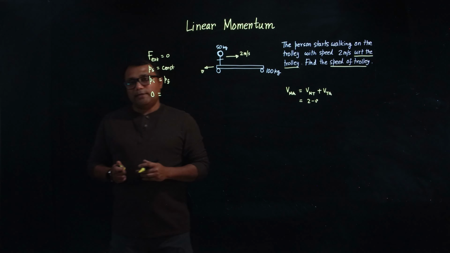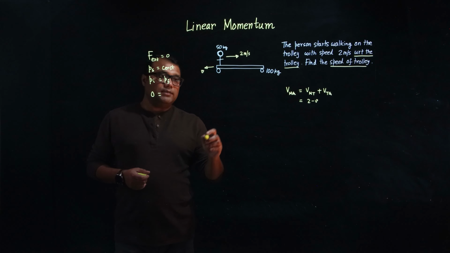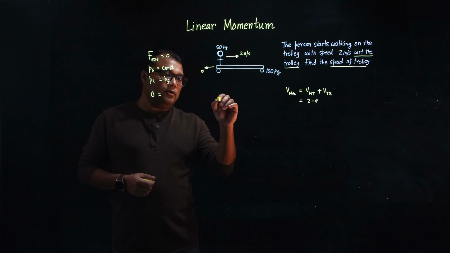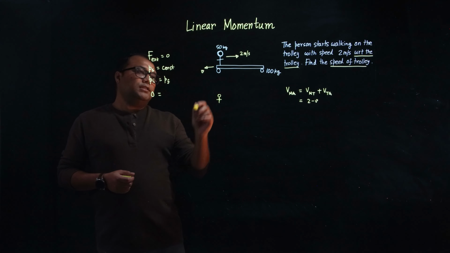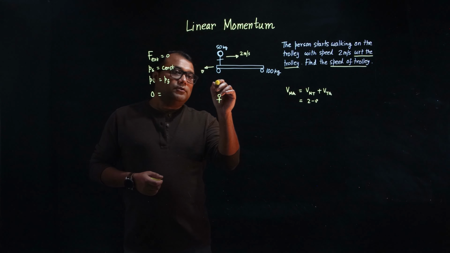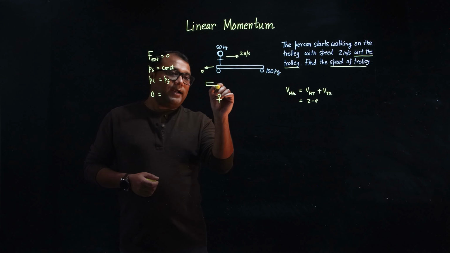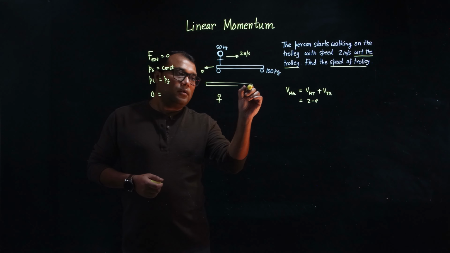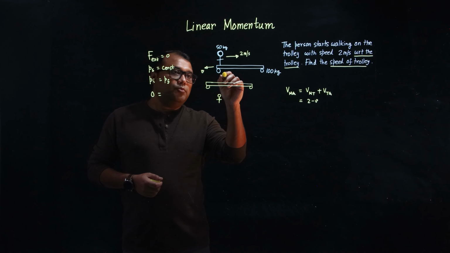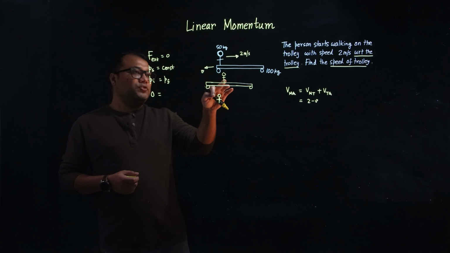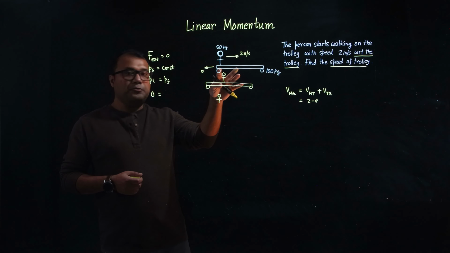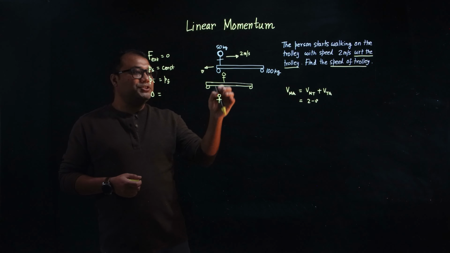You can also visualize it like this. If you were standing on the ground somewhere here and watching the thing happening, as the trolley moves back, after a while the man has moved forward, but he has not moved as much forward as he would have if the trolley was stationary.